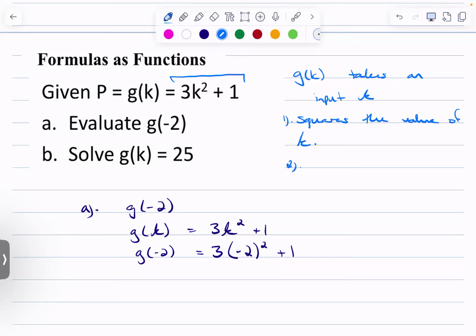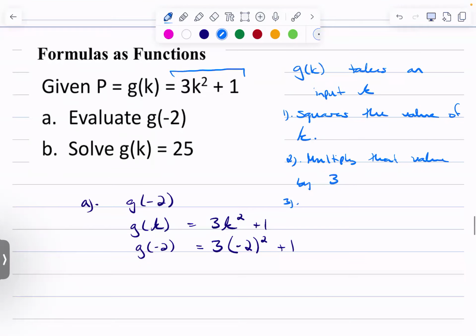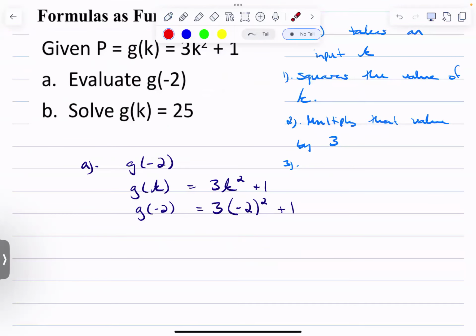Multiplies that value by 3. And then finally, step 3 is add 1 to that value. And by that value, I mean the previous value, right? It's morphing as we go. And then I'll just say add 1.